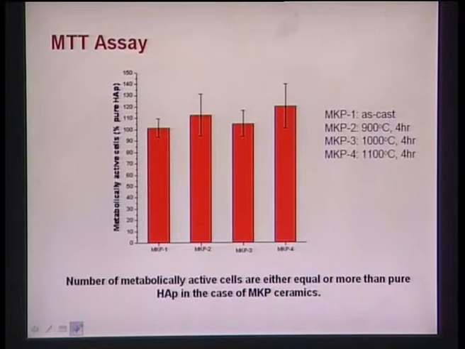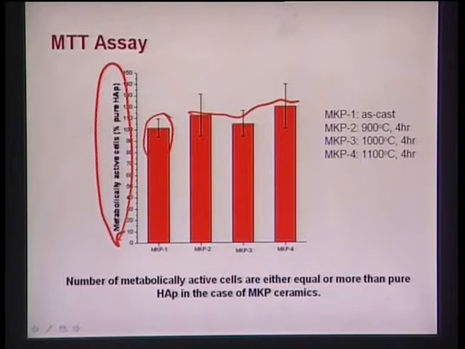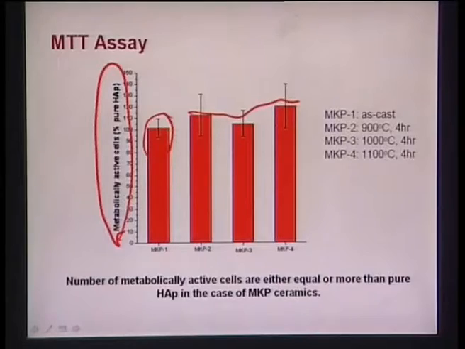We have further carried out the MTT assay, and as you know, it quantitatively states the cell viability property in these materials. This is prior to the heat treatment, then 900, 1000 and 1100 degrees Celsius, and this shows metabolically active cells. That means your MTT reagent reacts with the mitochondria of the cells, and that gives you the total number of metabolically active cells present on the material.